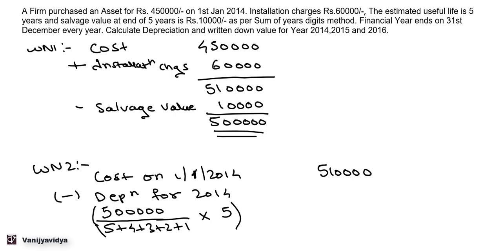So that comes to 1,66,667. So 5,10,000 minus 1,66,667 will give you 3,43,333. This is a WDV as on 31st December 2014.